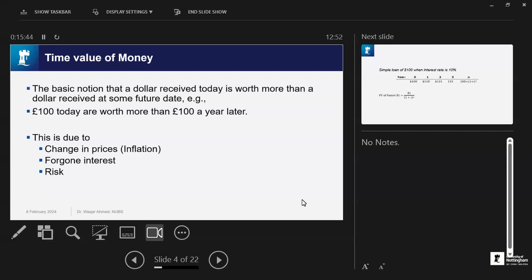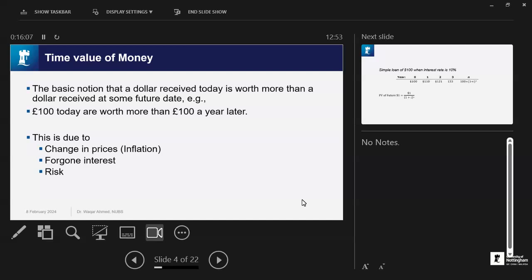It's simply the risk that you might not get the cash in the future, right? It's the uncertainty. So if somebody owes you some money, there is a risk that the other party may default, right? The further the cash flow into the future, the greater the uncertainty.